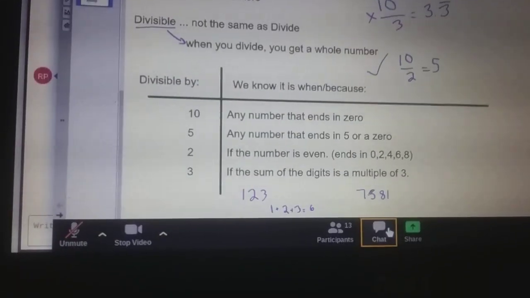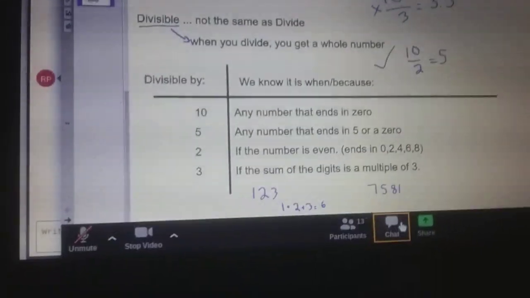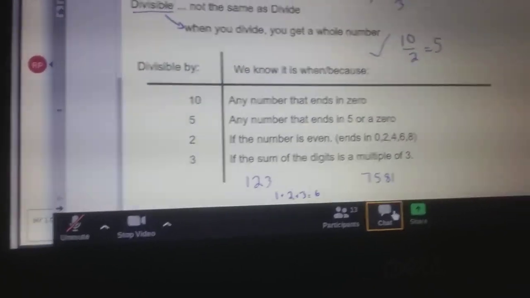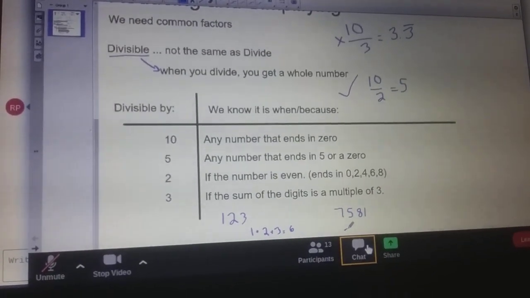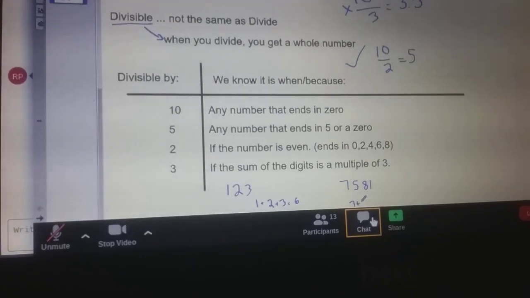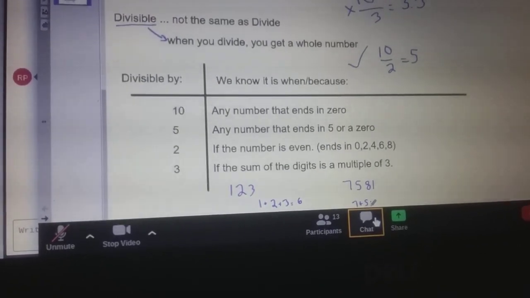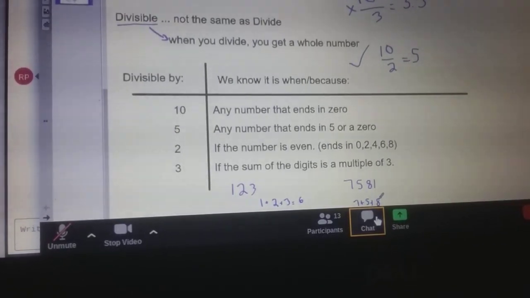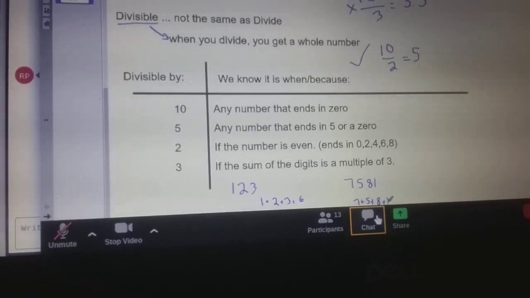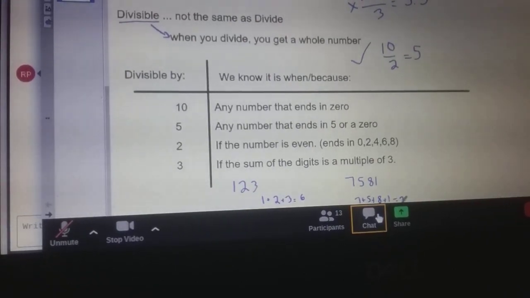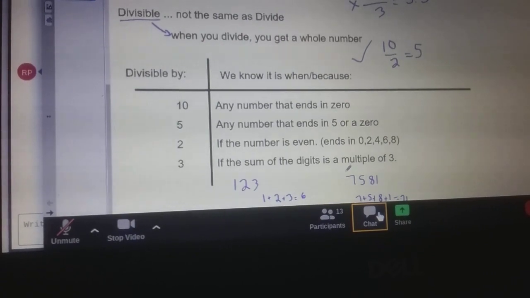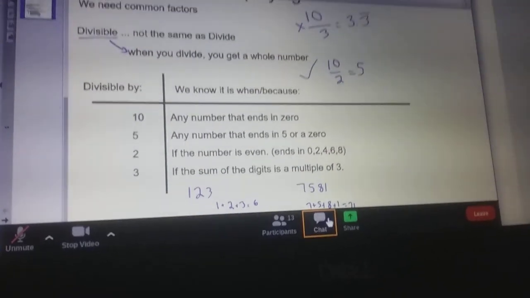What about 7,581? Is this number divisible by 3? We've got 7 plus 5 is 12, plus 8 is 20, plus 1 is 21. 21 is a multiple of 3, so 7,581 is divisible by 3.